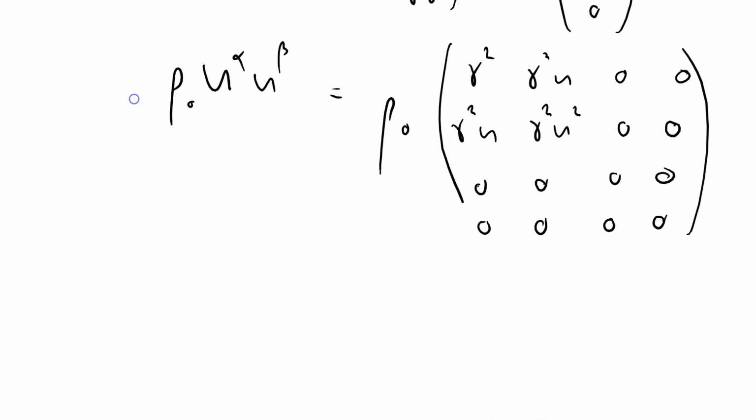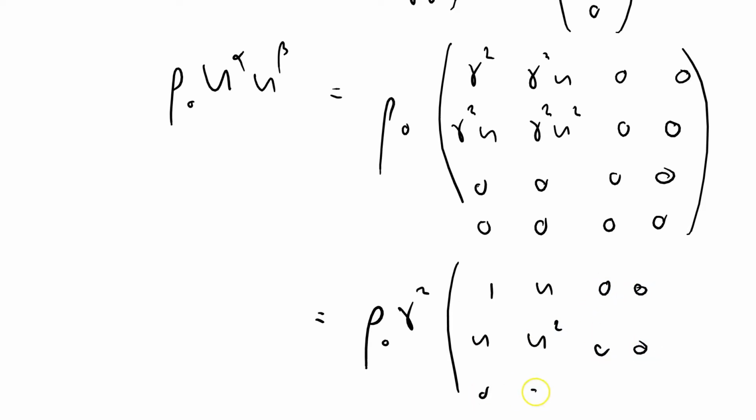Well, that's quite nice. I can factorize it out a bit more if I want: rho 0 gamma squared, which is the energy density as measured by Baz, and then 1, u, u squared, and everything else is 0.